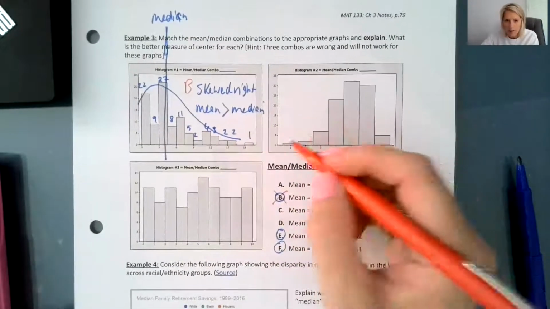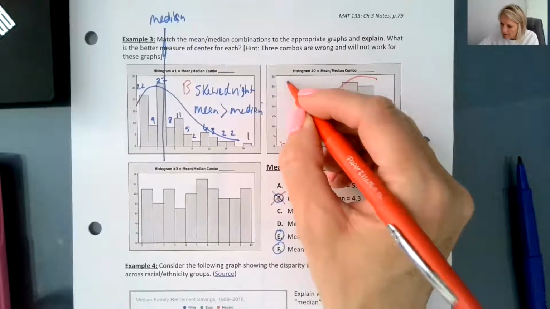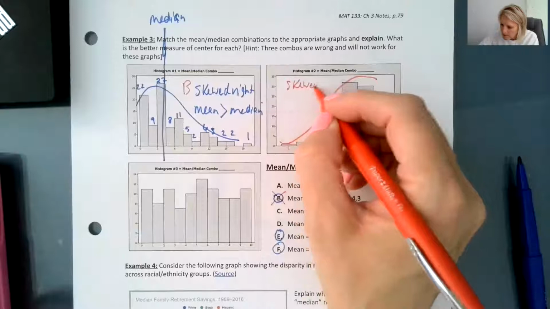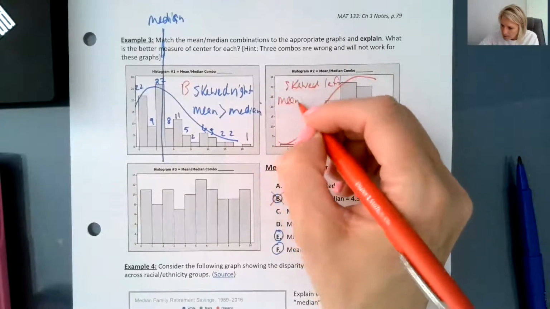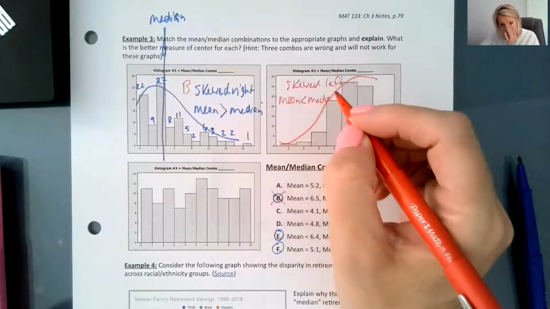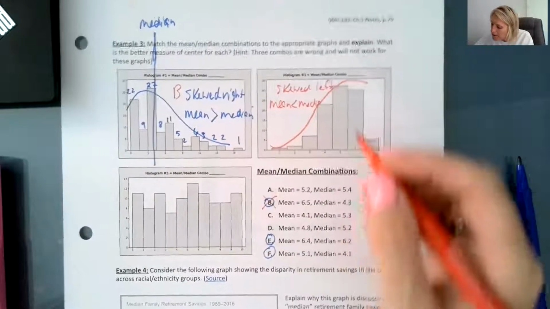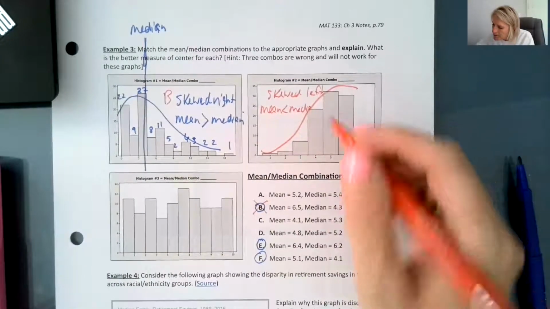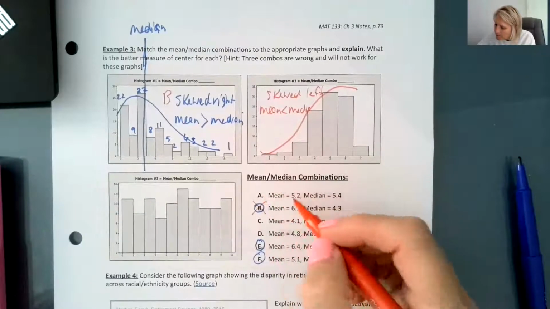Now let's look at the one here. This one is definitely a skewed left data set. So we know that the mean is less than the median this time. And so let's circle all the ones that could be the mean is less than the median.